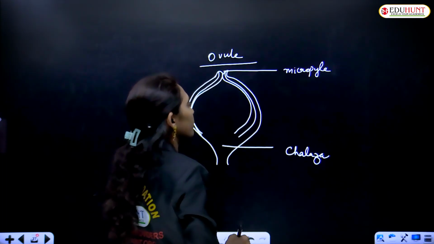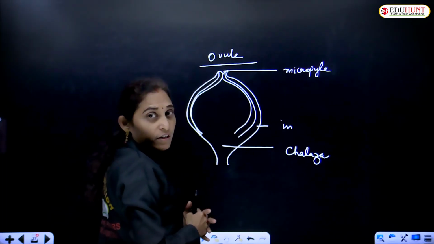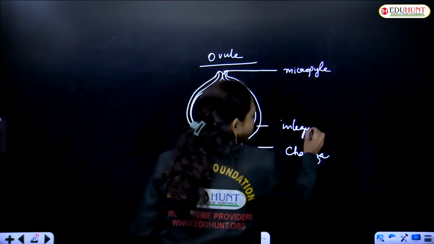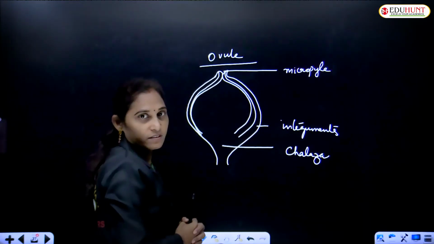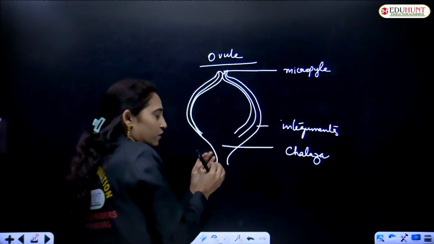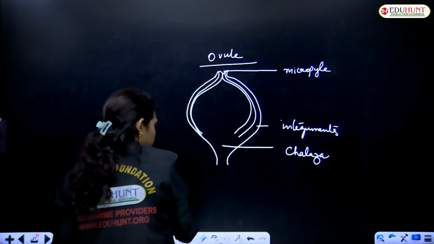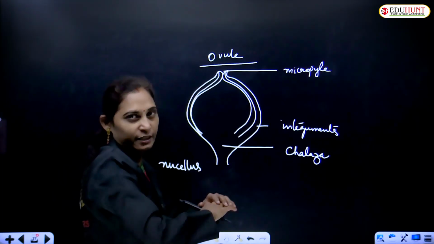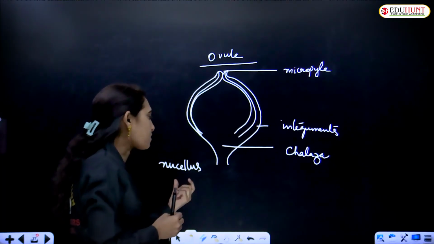This is the ovule, and these are integuments, the layers which cover the ovule. The entire ovule is made up of a tissue called the nucellus.